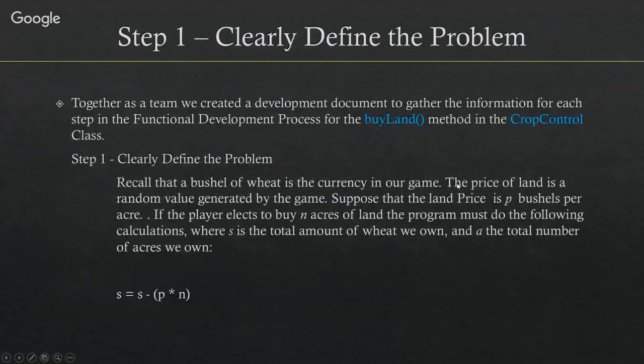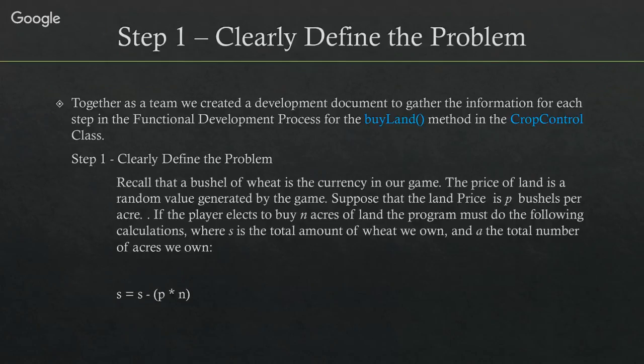So step 1, clearly define the problem. Together as a team, we created a development document to gather the information for each step in the functional development process for the buyLand method in the CropControl class. First we wrote defining the problem. Recall that a bushel of wheat is the currency for our game.